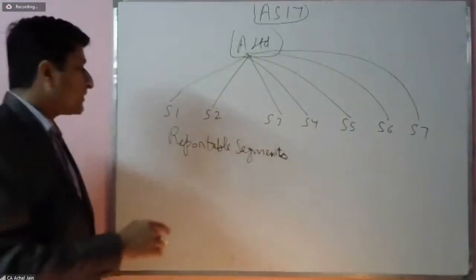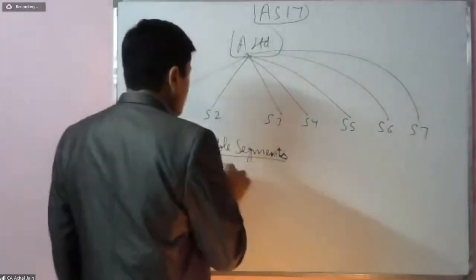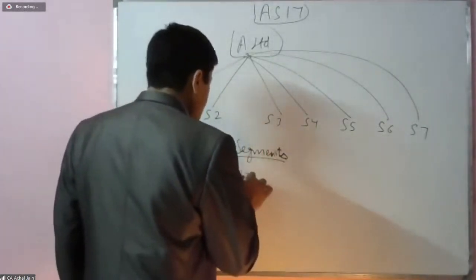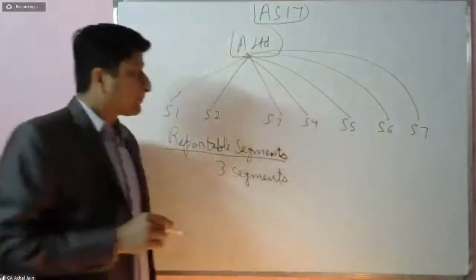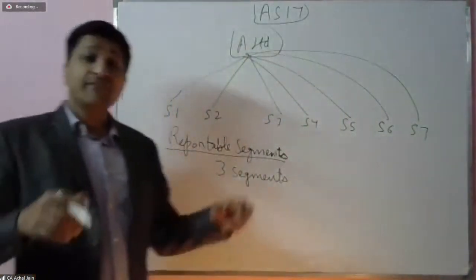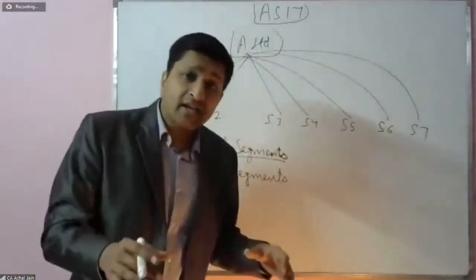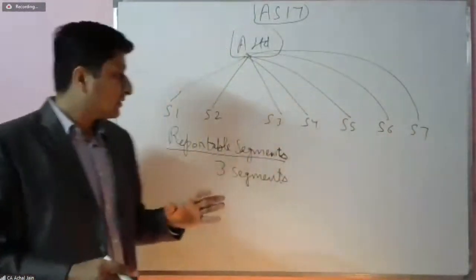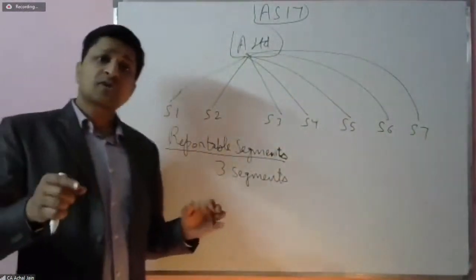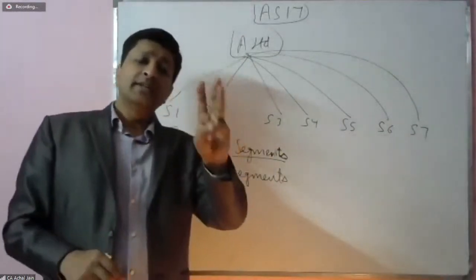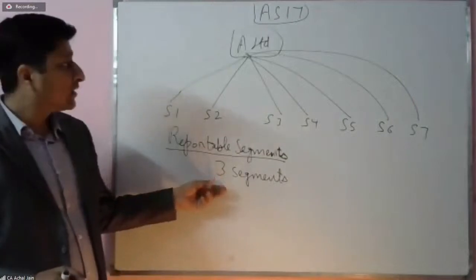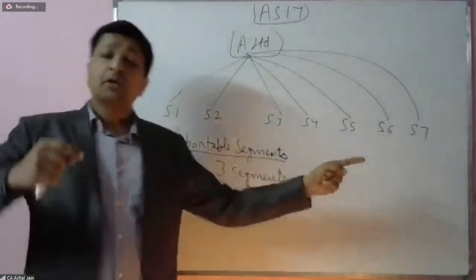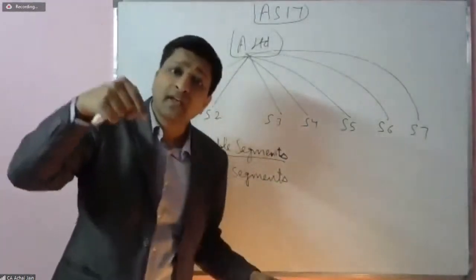Then those 3 segments will become reportable segments. So out of 7, if we decide that 3 are reportable, or the disclosures for 3 will be given, then those 3 segments will be called reportable segments. All of these are segments, but all these segments may not be reported.